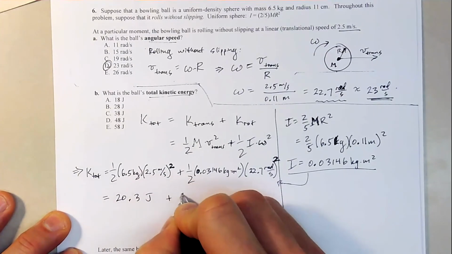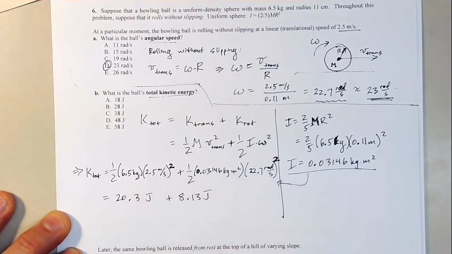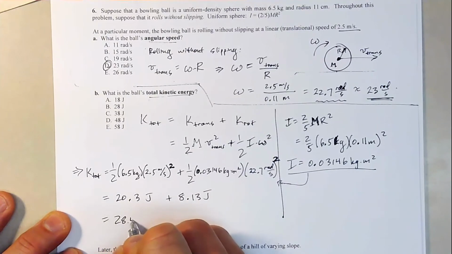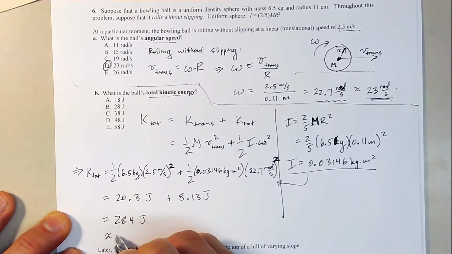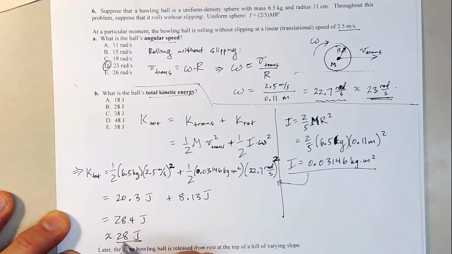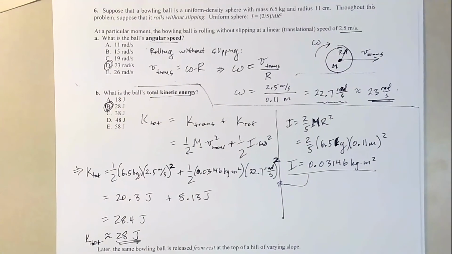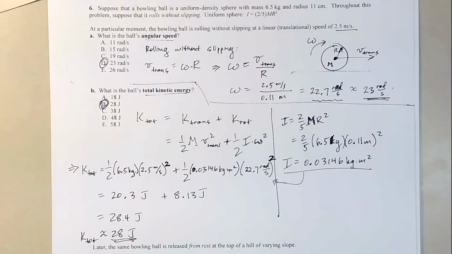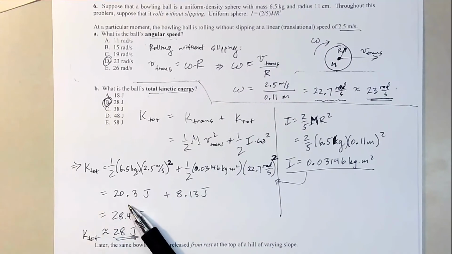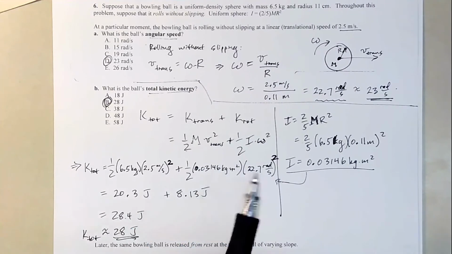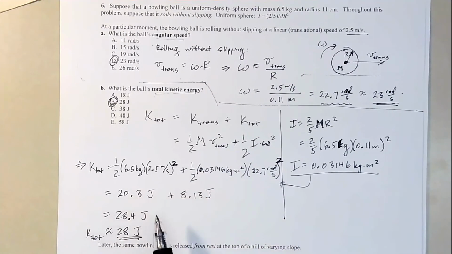I'm going to show them to you separately on the page before I add them together, because it might be worth taking a quick note about, for this rolling bowling ball, how it is distributing its energy between its translational motion through space and its rotational motion about its own axis. Interestingly, it looks like its total kinetic energy is about 28 joules.